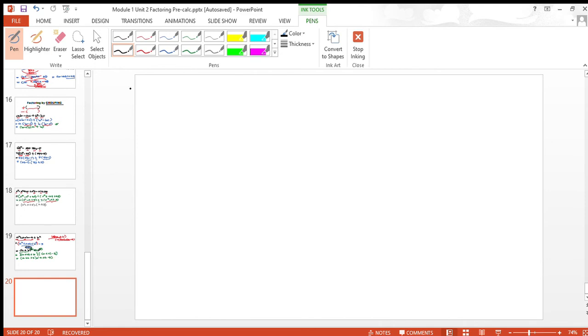Let me write the polynomial. Next example, let's say we have 4x squared minus 16b squared plus 9y squared minus 12xy. Okay, let's be observant. We have to inspect carefully.